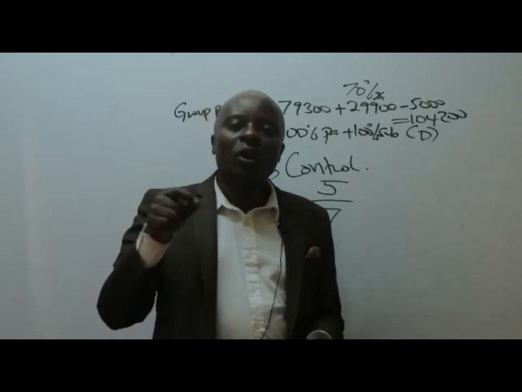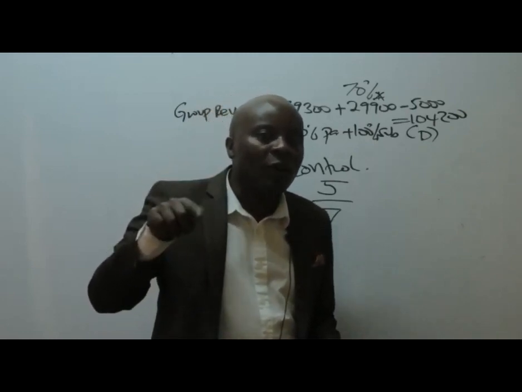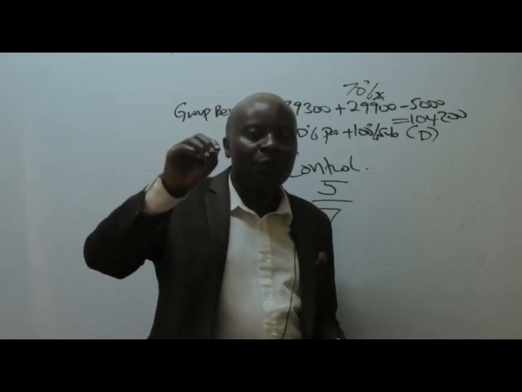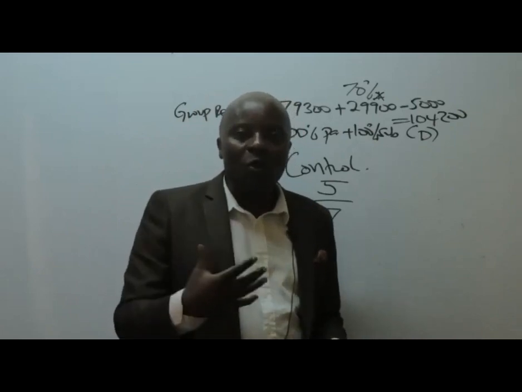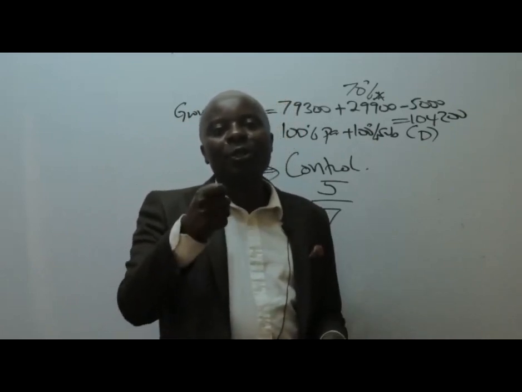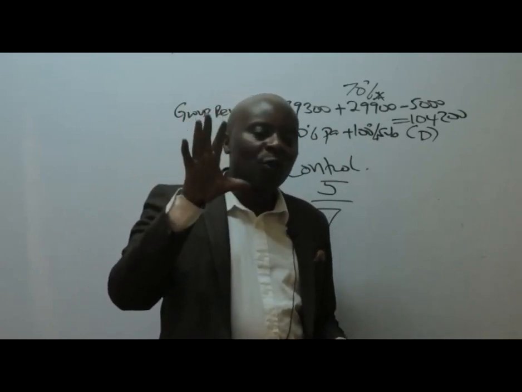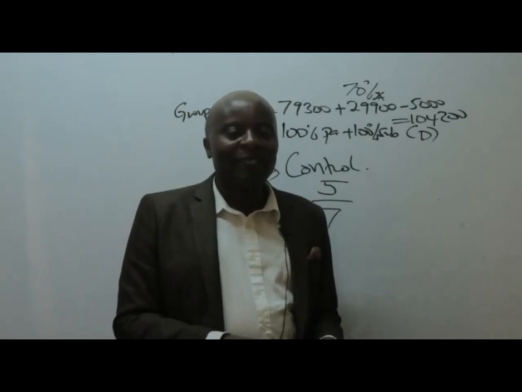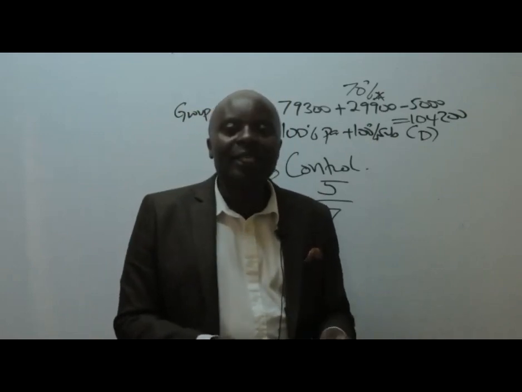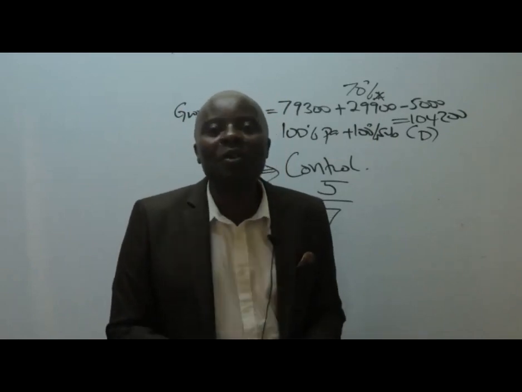Remember, it is all about substance over form. The form is 70%, but what is the substance, what is on the ground? Like right now, the percentage that elected Uhuru Kenyatta was about 51%, but honestly speaking, is he a president of 51%? Is he not a president of 100%?